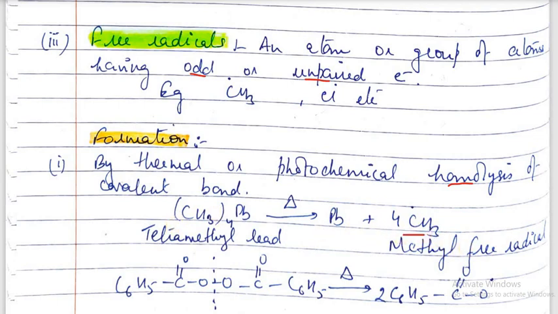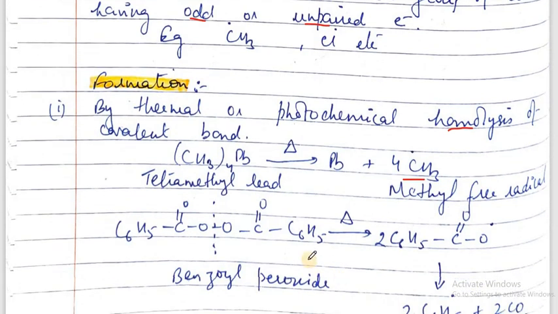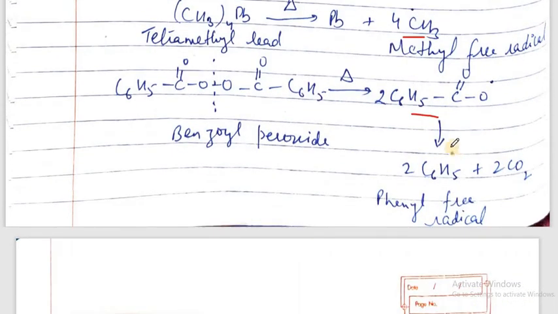Similarly, for peroxides, that is benzoyl peroxide with 2 oxygen atoms, in homolysis equal distribution of electrons takes place, and when this bond breaks with single electrons, 2 such free radicals are formed, 2 C6H5 C double bond O free radicals, and this free radical further breaks up to give a phenyl free radical and carbon dioxide. So phenyl free radicals are formed.